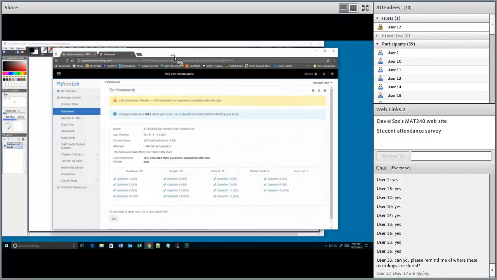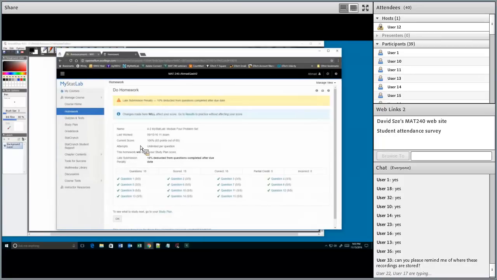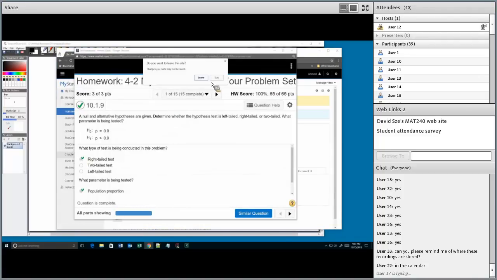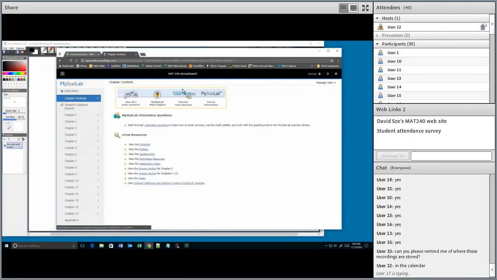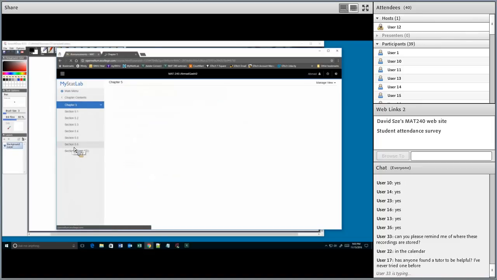The other thing I want to show you is in MyStatLab. If you click on chapter contents here, well, it wants me to leave this, that's okay. If you just click on chapter contents, what you'll see is the electronic version of the textbook. These are all the different chapters in the textbook.